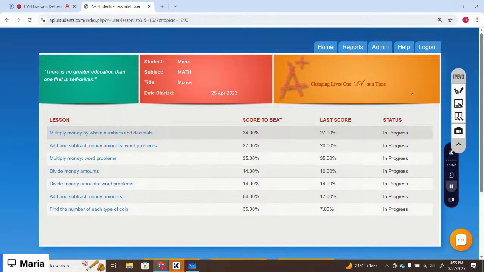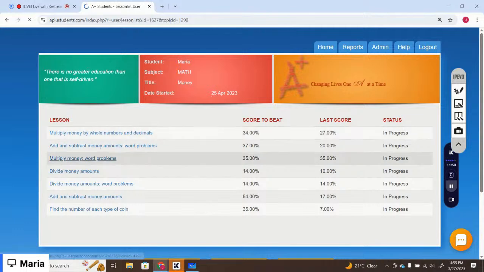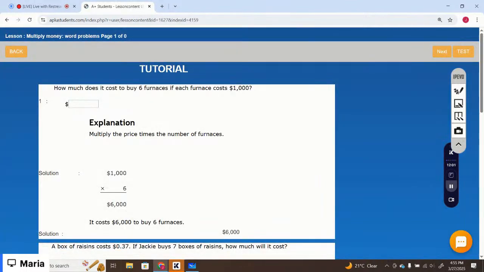The next lesson is multiply money word problems. How much does it cost to buy six furnaces if each furnace costs 1,000?